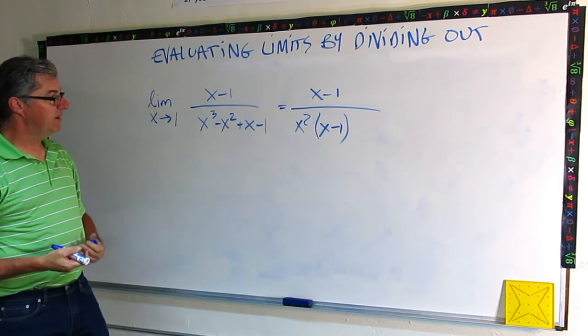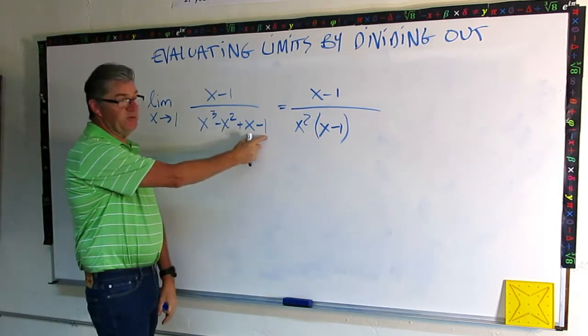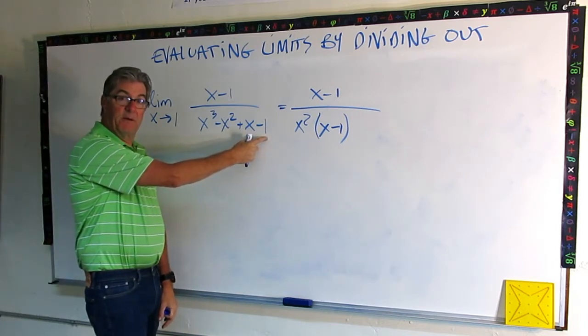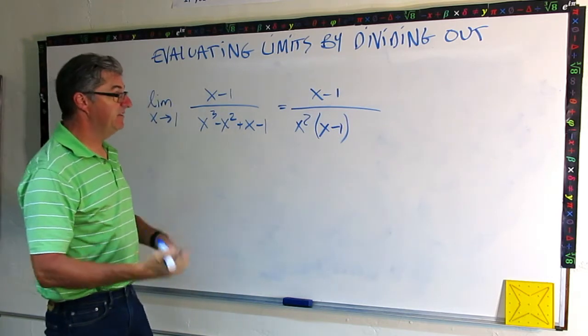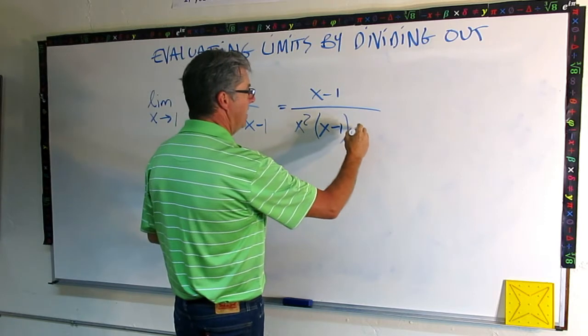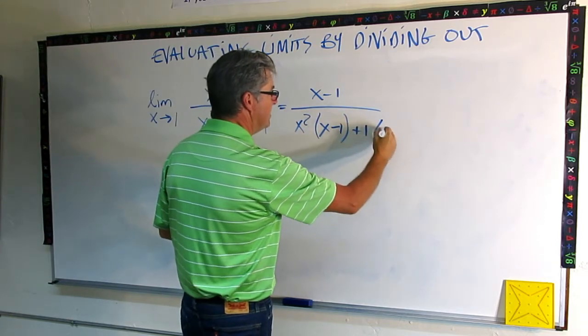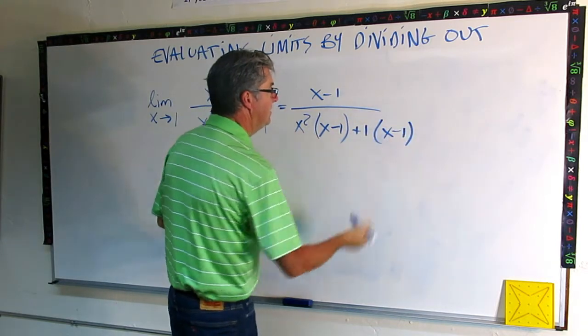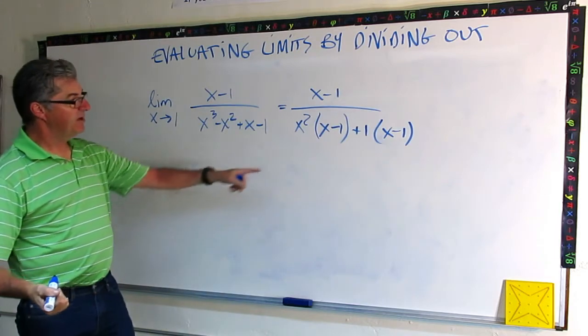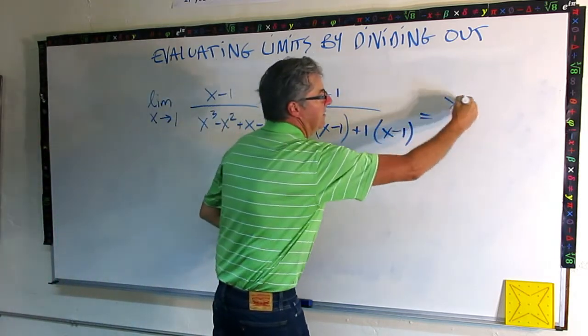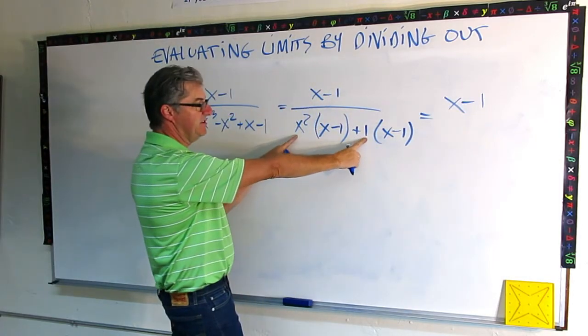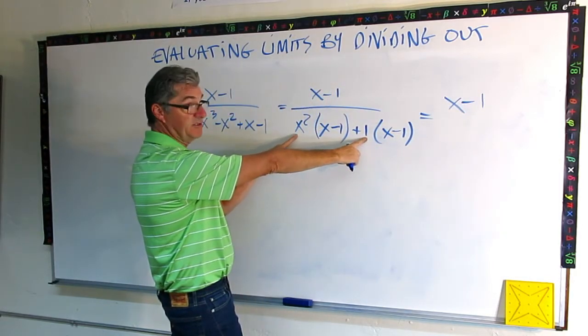So I'm doing good. Now, this one doesn't look like you can factor anything. But always remember, you can factor a 1 out of anything. So I'm going to get plus 1 times x minus 1. So check it out. Now I've got a pretty nice problem. I've got an x squared and a plus 1.